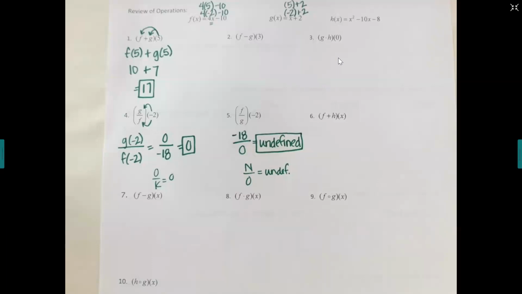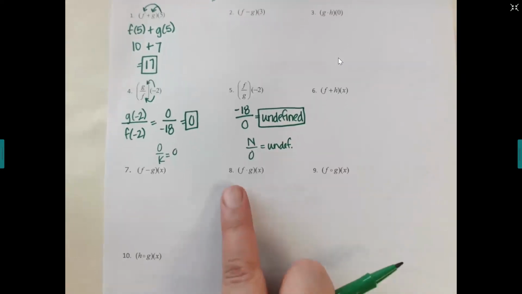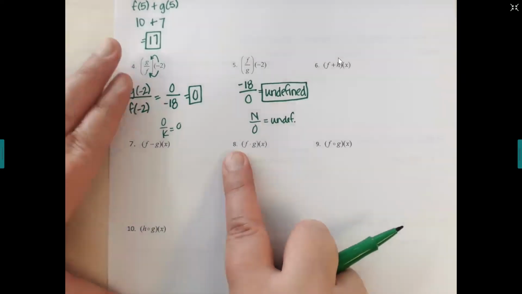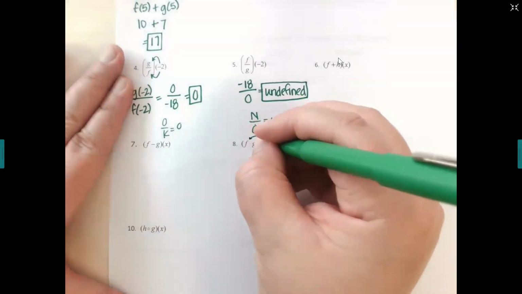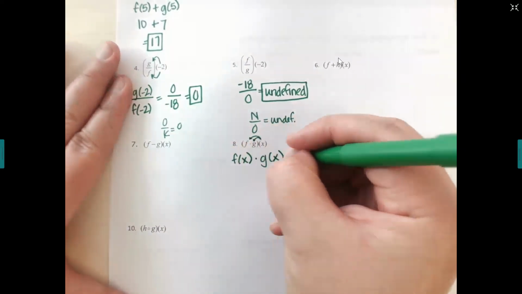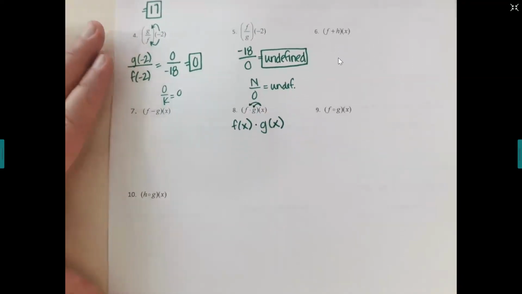All right, for the last 5 examples, what are you plugging in? Is it a number or a letter? It's a letter. And if it's a letter, that means that your answer should just be in a new equation. So let's start, please, with number 8. You want f dot g of x. That's a multiplication dot, so we're going to do f of x times g of x.